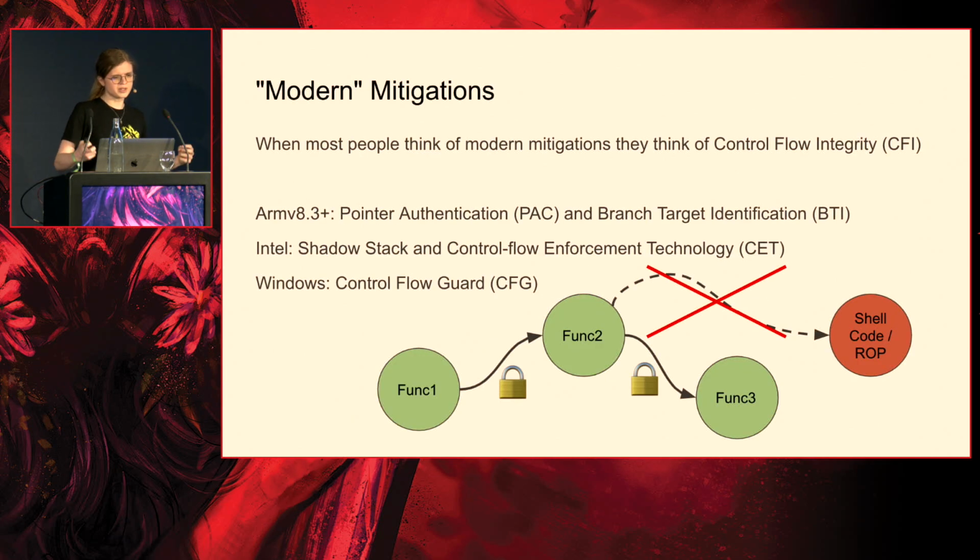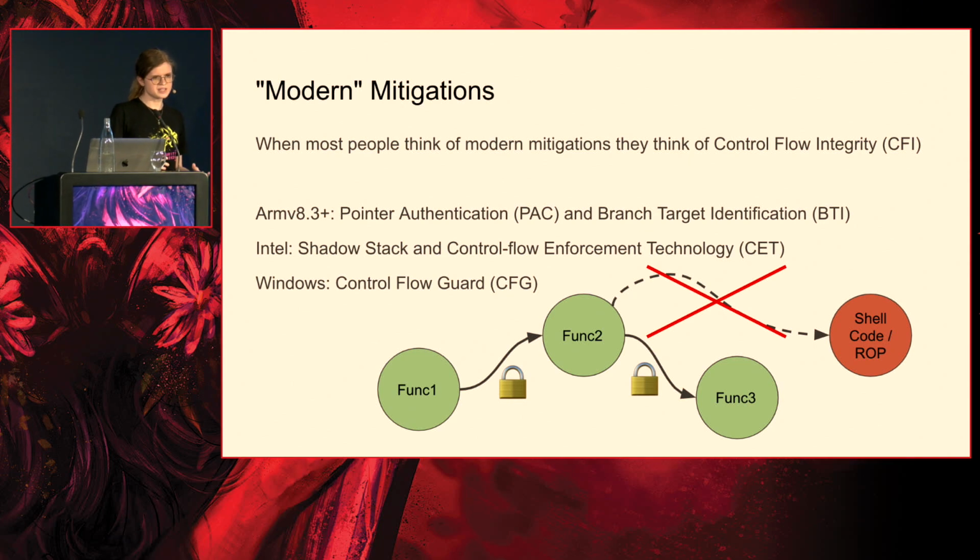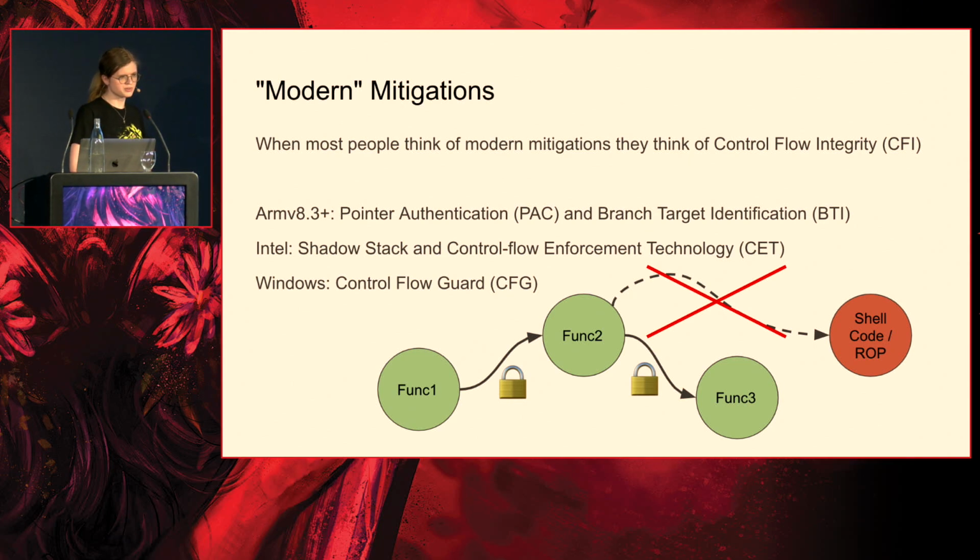But what about more modern mitigations? When we're thinking about modern mitigations, we're usually thinking about control flow integrity or control flow enforcement. And this is going to give us a couple of different ways to prevent code from jumping to an unexpected area, either to shellcode or to, like, a ROP chain.